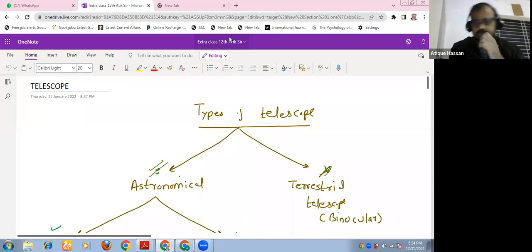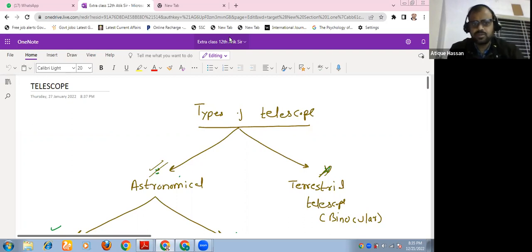In the case of a telescope, we will have a larger objective and a smaller eyepiece. That is the difference in the construction. But the major thing to remember is that a microscope basically amplifies objects. You are seeing the magnified image.